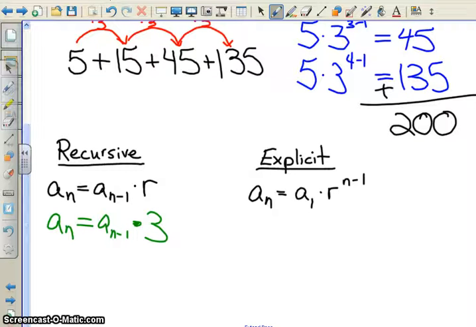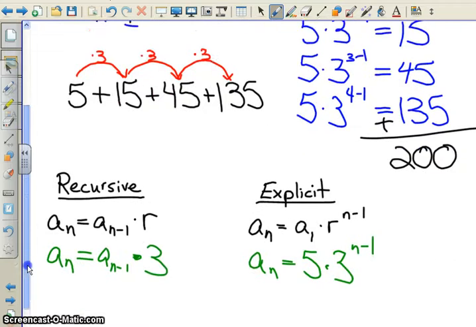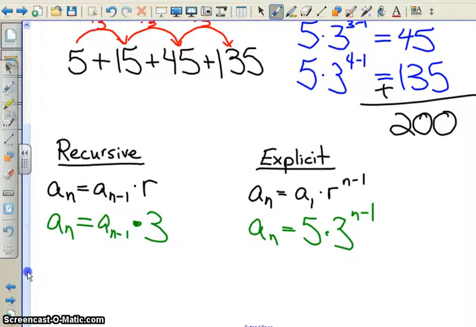The explicit definition, the one that's more helpful for us, is a_n equals the first term, which was 5, times r, which was 3, to the n minus 1. And you should notice that this 5 times 3 to the n minus 1 is right up here next to our sigma symbol. You always write the explicit definition next to the sigma if you want to find the sum of a sequence.